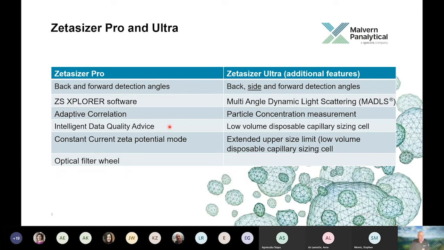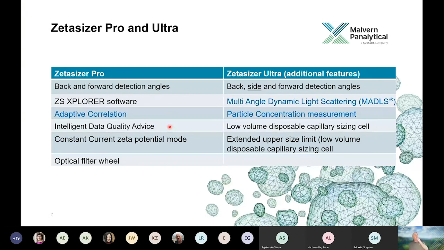And this is because the capillary cell itself is very narrow, and the restricted dimensions of that cell minimize the effect of sedimentation. So in a normal 1 milliliter sizing cuvette, we would struggle to measure anything above a few microns, but in this cuvette, we can go up to 10 microns.